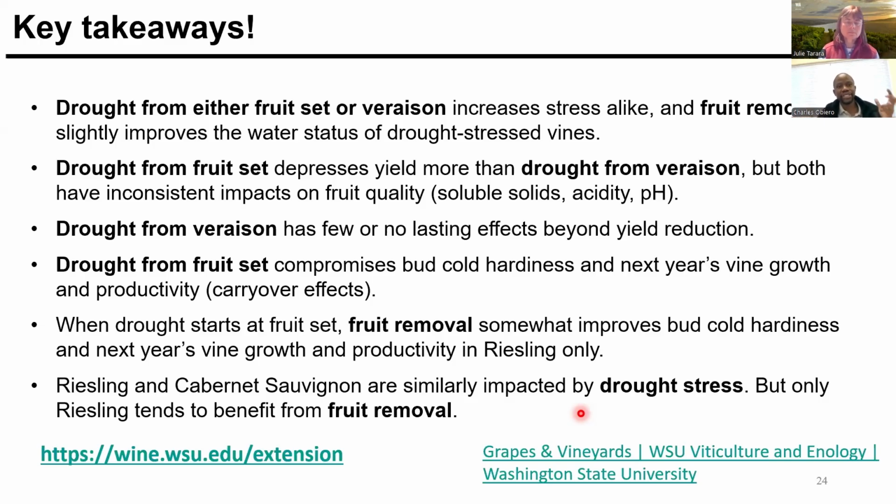The second point is that the drought from fruit set depresses yield more than the drought from veraison. And this is a question for the industry. During times of drought, should we allow our growers to have their water until veraison, at least for them not to lose some yield?